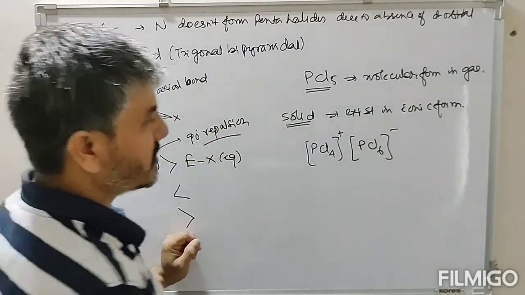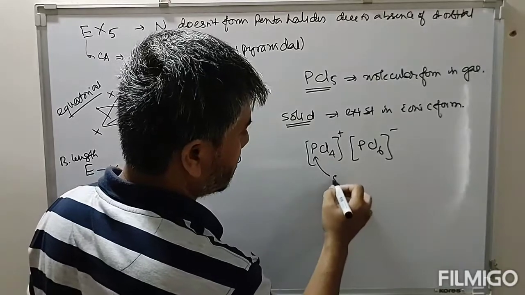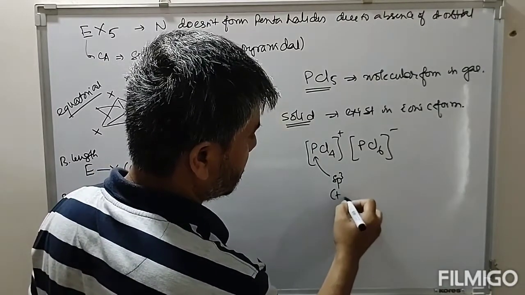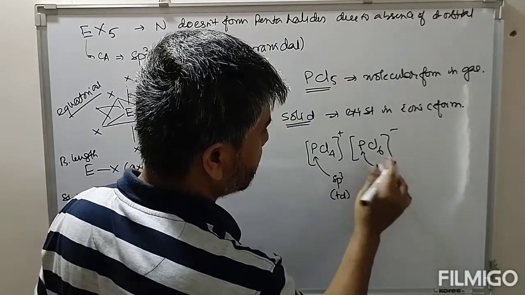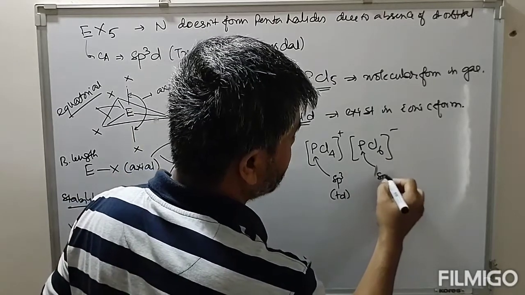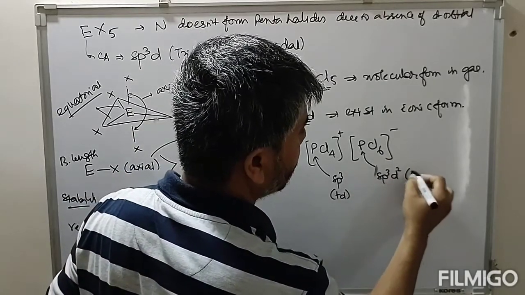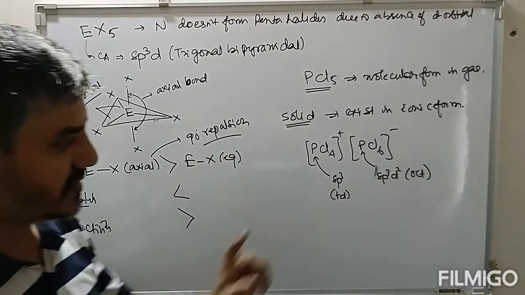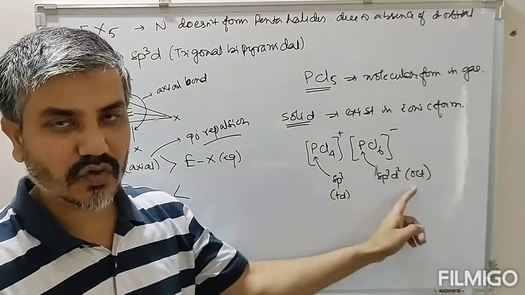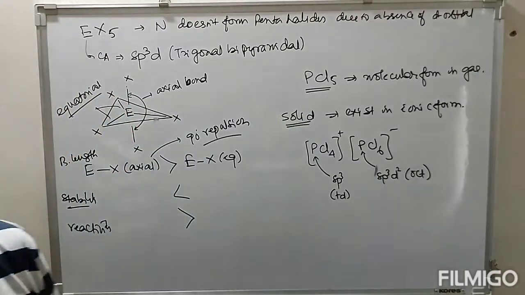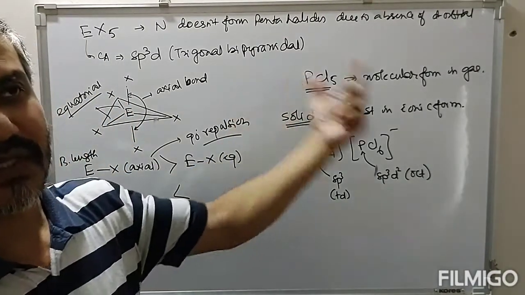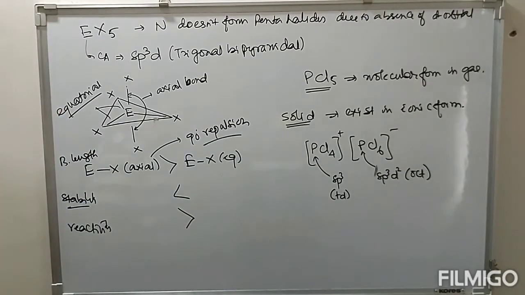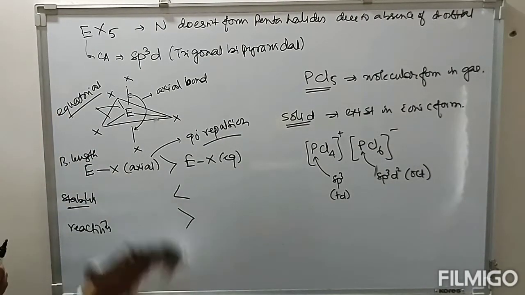So this phosphorus is sp3 tetrahedral, and this phosphorus is sp3d2 or octahedral. So we have two phosphorus in the solid state. One is in tetrahedral form, the other one is in octahedral form, and this finds application in organic chemical reactions.